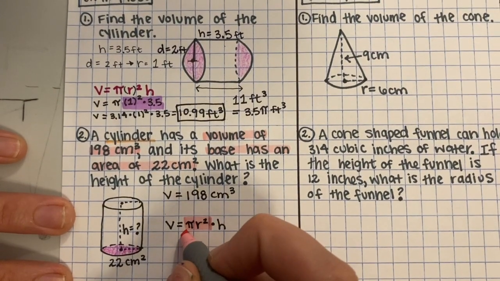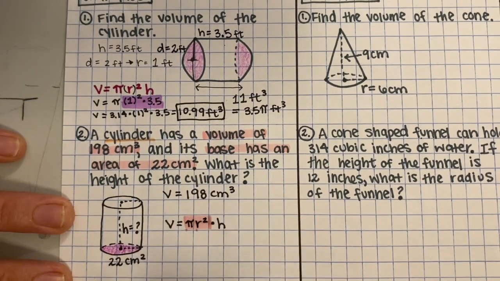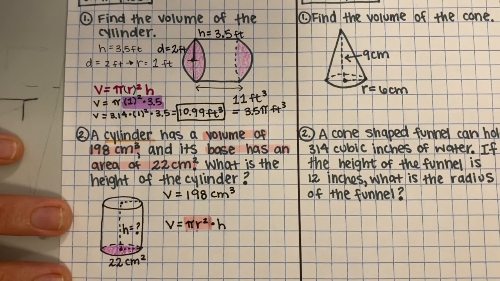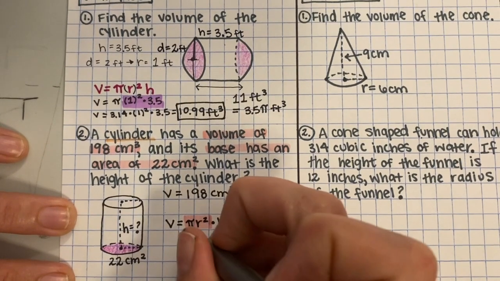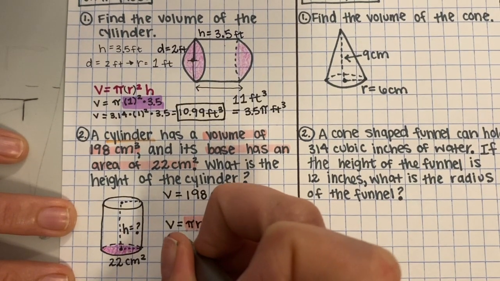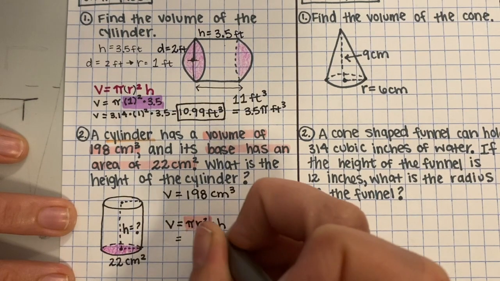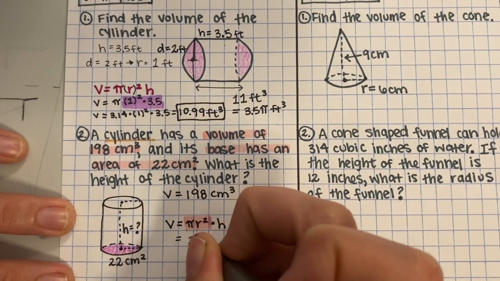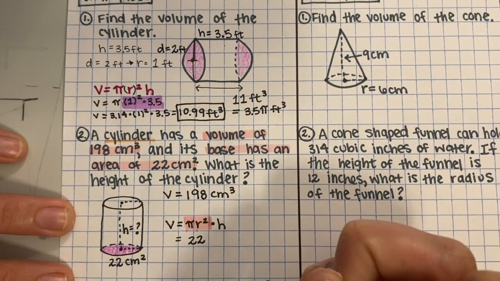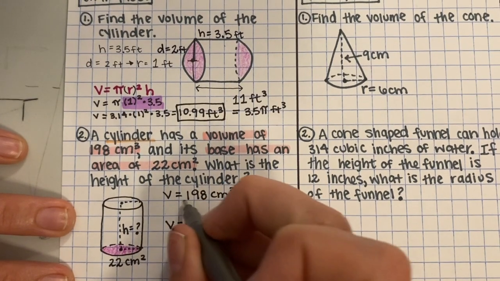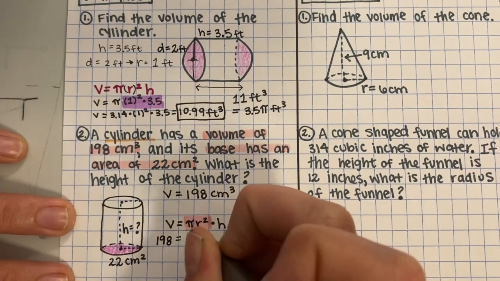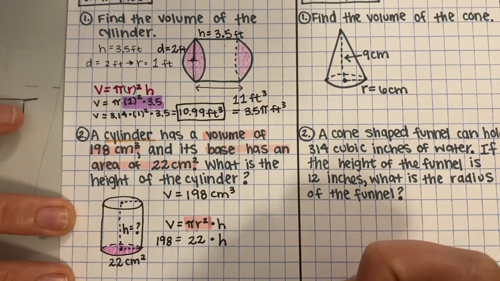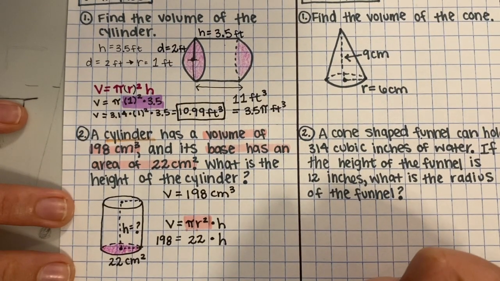So I already know pi r squared is 22 because they gave me the area of the base. I also know that my volume is 198. And so what I'm looking for is h.